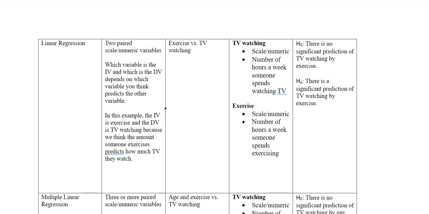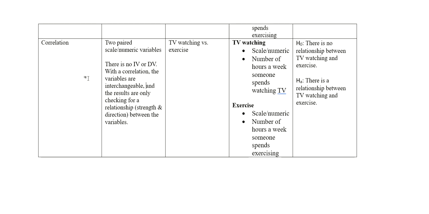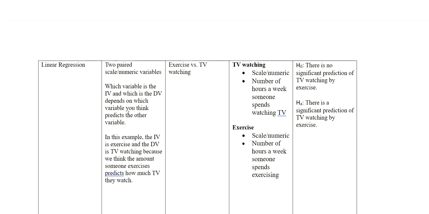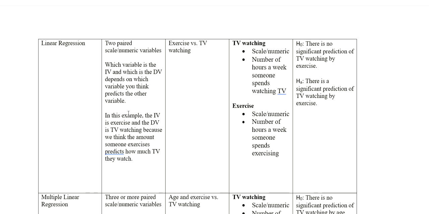So let's compare that then. We did correlation where it's the same type of variables, but we just think there's some kind of relationship and we just want to know the strength and the direction of that relationship. If you move on to the linear regression, in this case what we're talking about is that there is some kind of prediction. We think that one predicts the other.